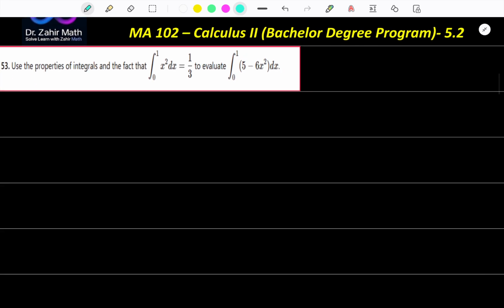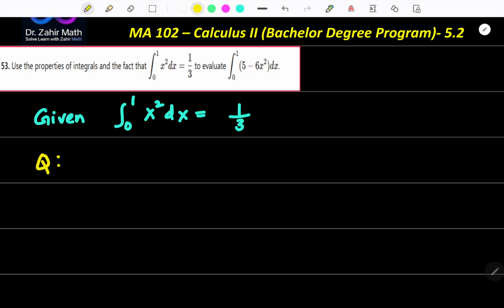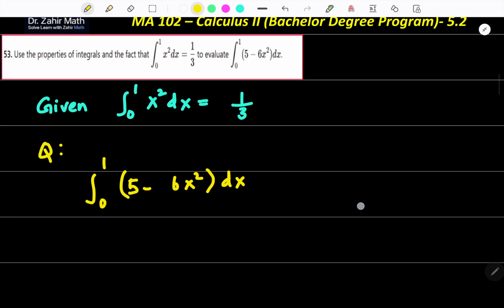Use the properties of integral, right? And the fact that is given: integral 0 to 1 of x square dx is equal to 1 by 3. So what is the question? The question is evaluate integral 0 to 1 of (5 minus 6x square) dx.